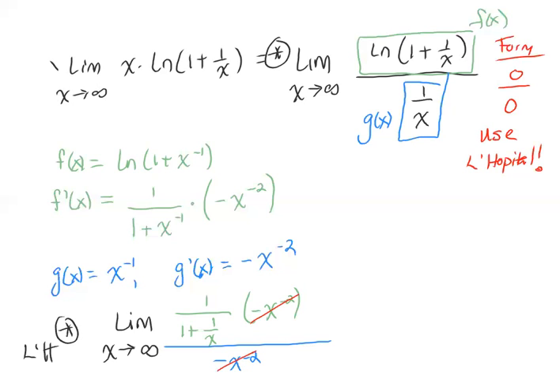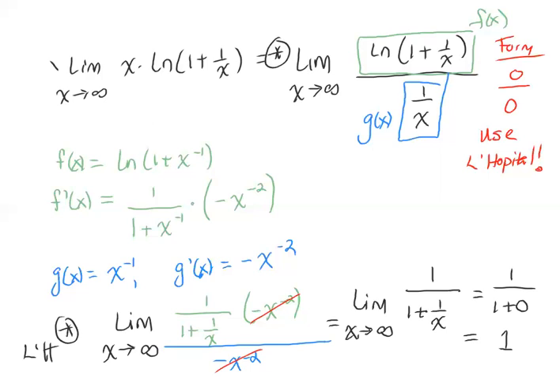Those will cancel, which is equal to the limit as x approaches infinity of 1 over 1 plus 1 over x, which is equal to, this term is constant at 1, this term will approach 0. Therefore, I have 1 over 1 plus 0, which is just 1.